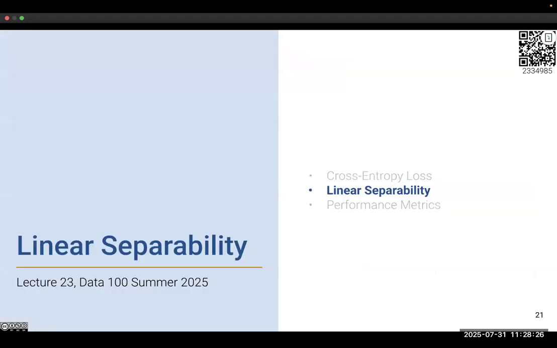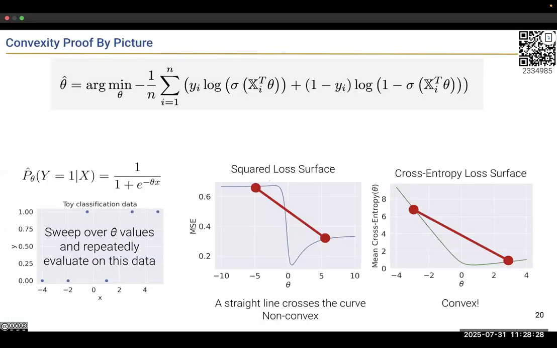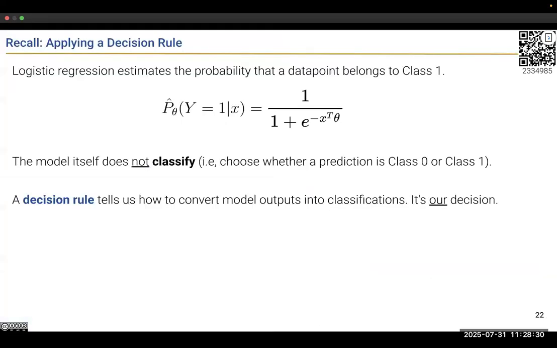Okay, so we have the loss. Now let's analyze the loss and the model and all these together a little bit. Remember from last lecture, we talked about decision rules.